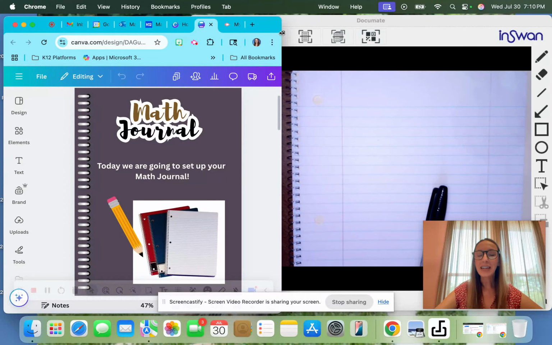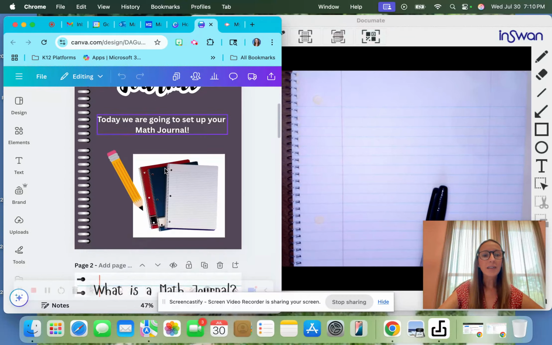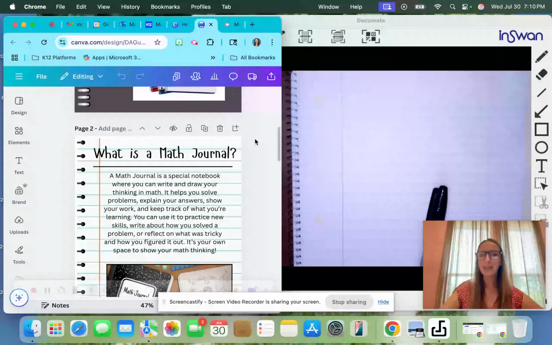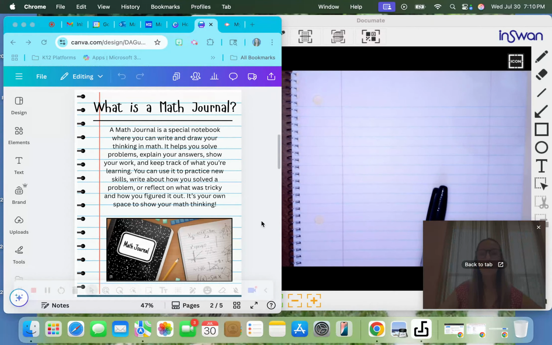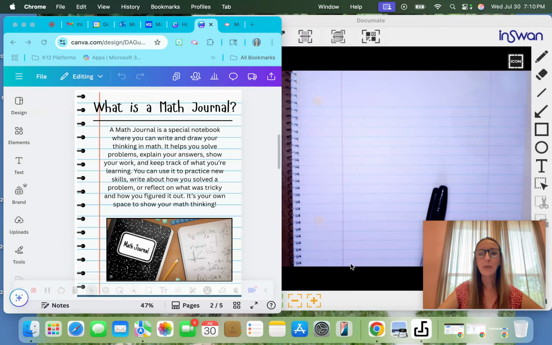And so to get us started, we are going to think about what is a math journal and how are we going to be using it this year. Well, like I mentioned before, a math journal is going to be showing us our thinking. It is where we're going to explain our answers, work out problems, do our computation, even write and reflect about our math learning.